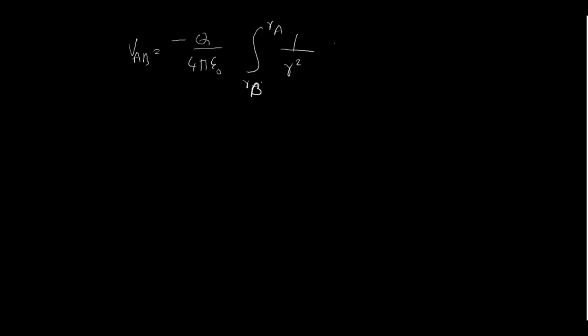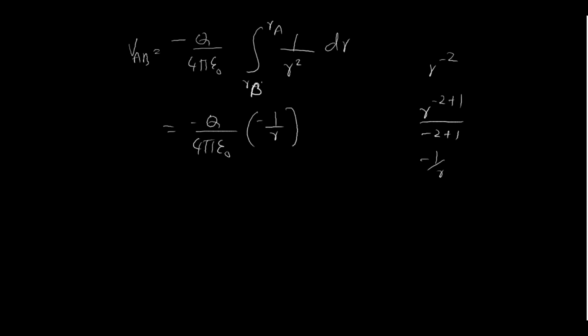1 by r square is nothing but r raised to minus 2. The integral will be r raised to minus 2 plus 1 divided by minus 2 plus 1, so the integral of 1 by r square is minus 1 by r. So that will be minus Q by 4 pi epsilon 0 times minus 1 by r with the limits RB to RA.